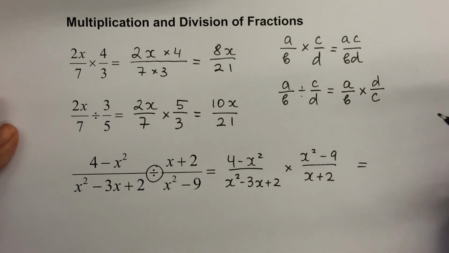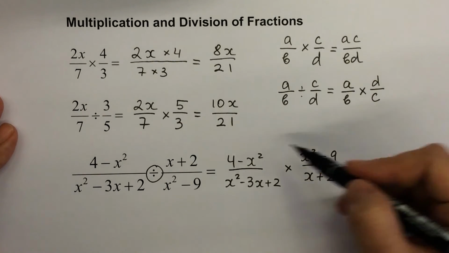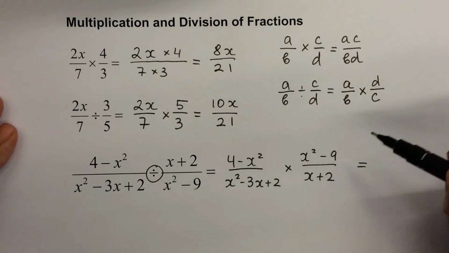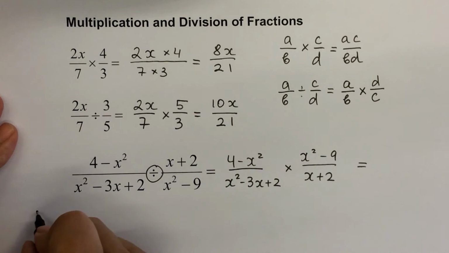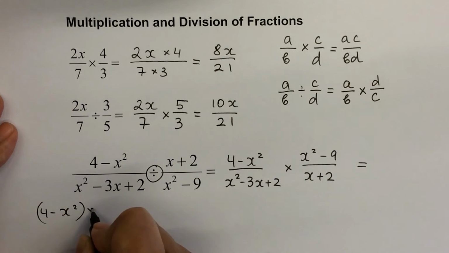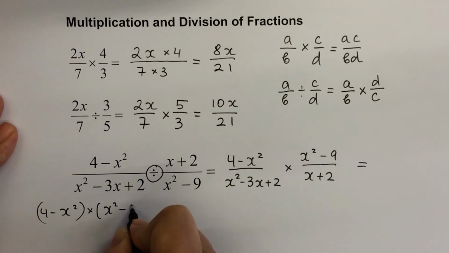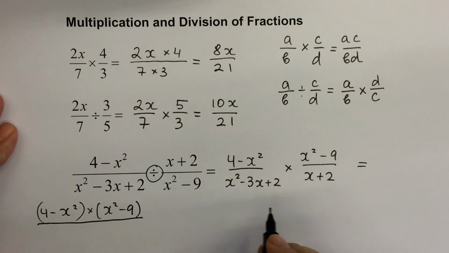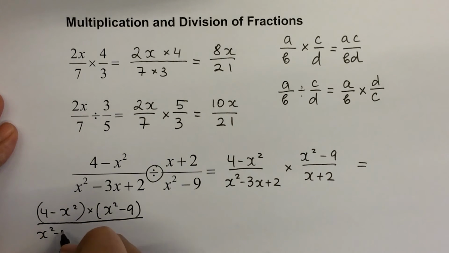Well, obviously our goal is to simplify this. So first I'll complete the multiplication. So it would be just 4 minus x squared times x squared minus 9 over x squared minus 3x plus 2 times x plus 2.